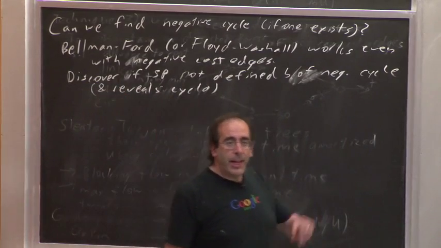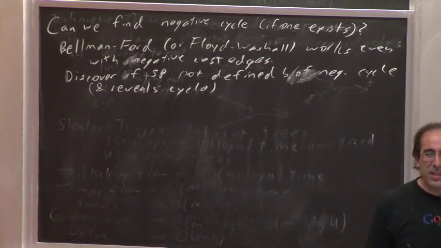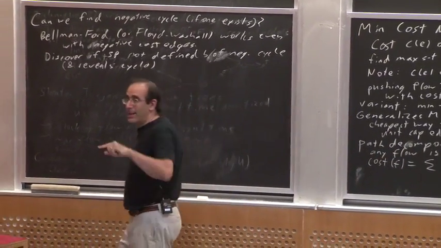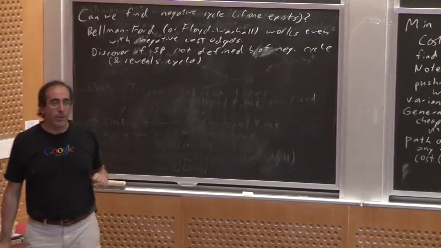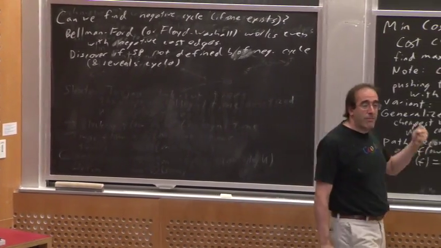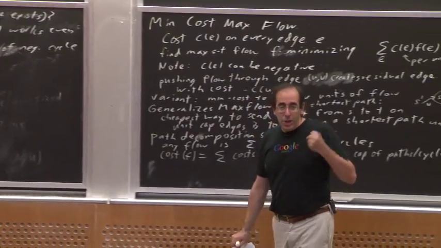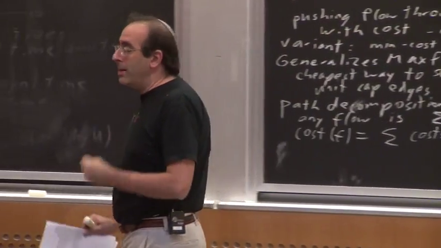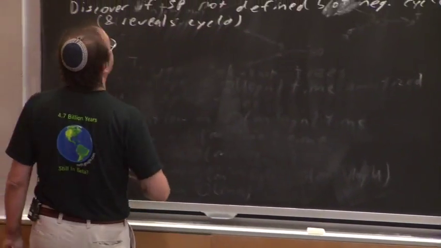Okay, you'll see the edge length, the distance is going down and down and down, and you'll be able to detect in order mn time, here is a negative weight cycle. Okay? So that means that we now have an algorithm that can verify or check whether a given flow is a min-cost flow in order mn time, because that's what Bellman-Ford takes, right?